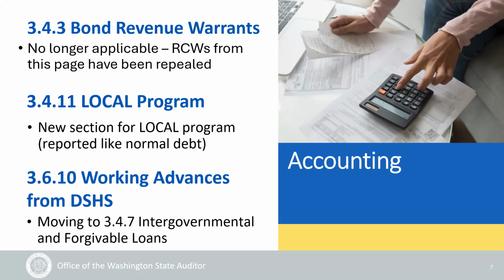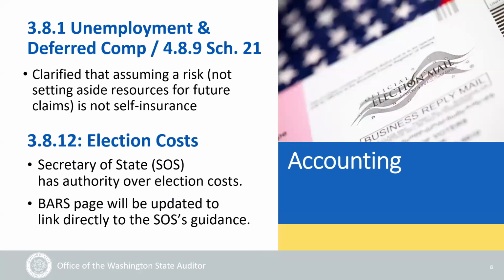Next up is 3.6.10, working advances from DSHS. Since working advances are loans, specifically intergovernmental loans, we will be moving this section to 3.4.7, intergovernmental and forgivable loans.